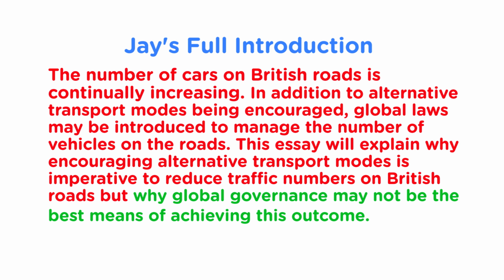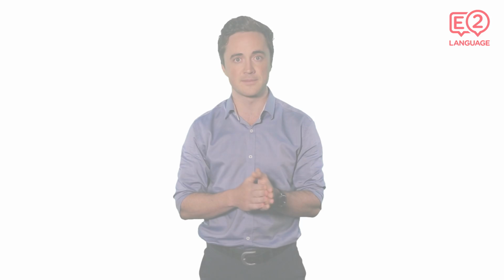Why global governance may not be the best means of achieving this outcome. So now we must write a paragraph about how encouraging alternative modes of transport is imperative, and another paragraph that says global laws to control car ownership are not the way to do this. Now you can see the connection between the introduction and your paragraphs. Let's look at how to write the paragraphs.